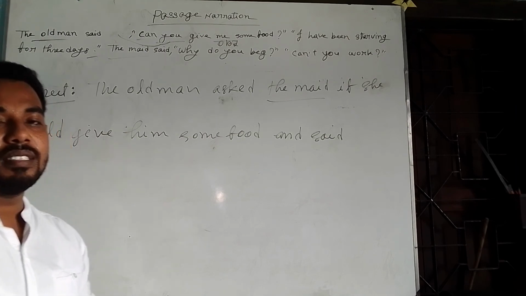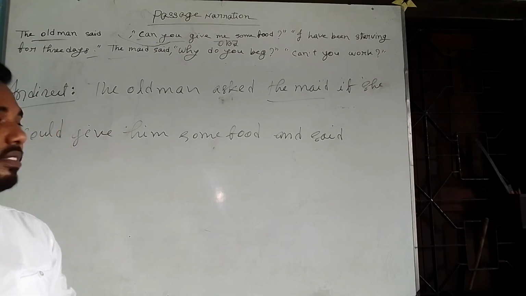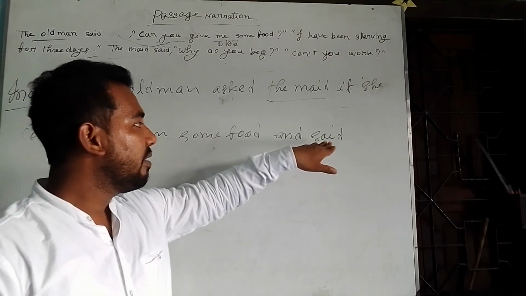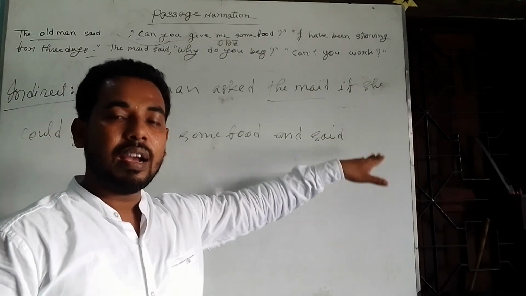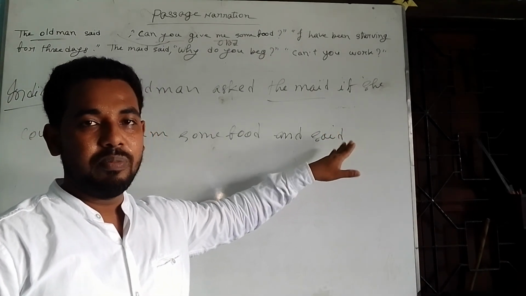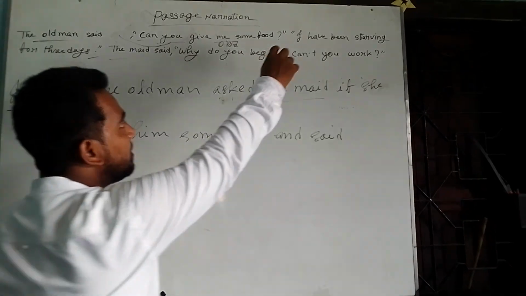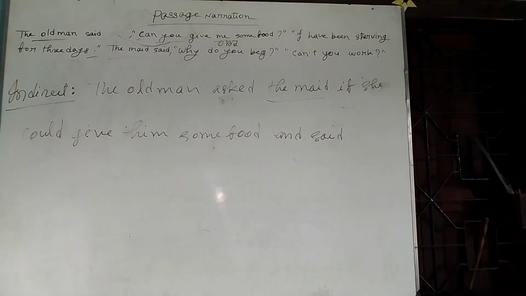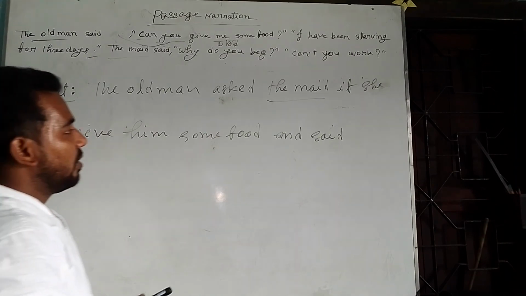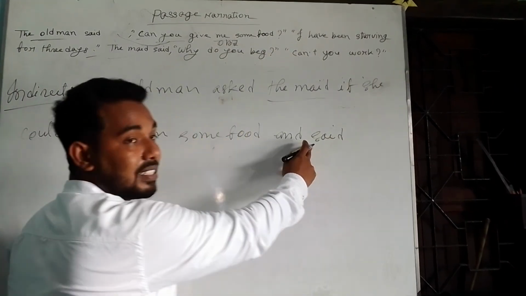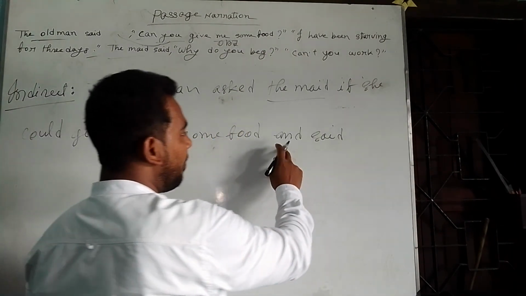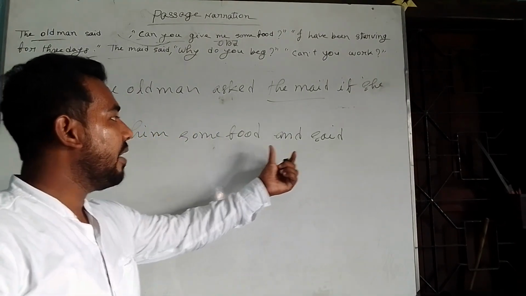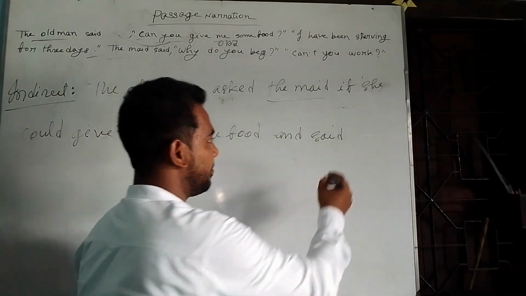As in this sentence one person has spoken, there is no need to write here the old man asked or said to, because in this sentence, the old man has spoken. That is why here no need to write the subject. So I have used and said that.